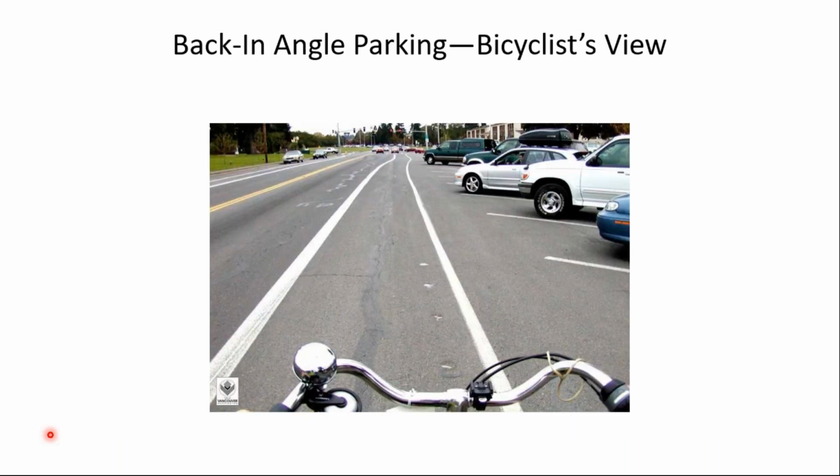So I think I have larger versions of these photos. This shows, from the bicyclist perspective, their view of parked vehicles on the roadway ahead. And notice if the back-in angle parking is used, the bicyclist can virtually look the driver in the eye here and has a clear indication that the motorist is ready to pull out.